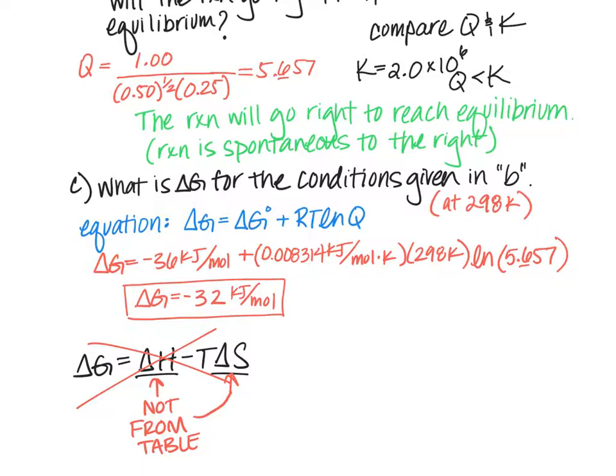So I plug in delta G naught here, my R value in kilojoules per mole Kelvin here, 298 K here, and because it says the conditions given in B, my Q is going to be taken from what I solved for Q in part B, so that's what I have right here. When I compute that, I get a delta G of negative 32 kilojoules per mole because, again, I'm not yet at equilibrium. I am continuing in that direction.